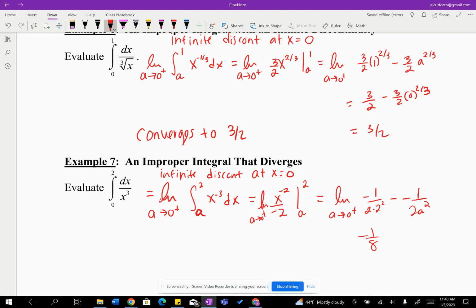When I plug in 0 here, I'm going to have 1 over 0, right? So does that exist? No, there's a vertical asymptote there. I'm approaching 0 from the right, so technically this limit does equal either positive or negative infinity. Now, do we already know this diverges? Yeah, right? Because the limit does not exist. Now, let's make sure we know what the actual answer for the limit is.